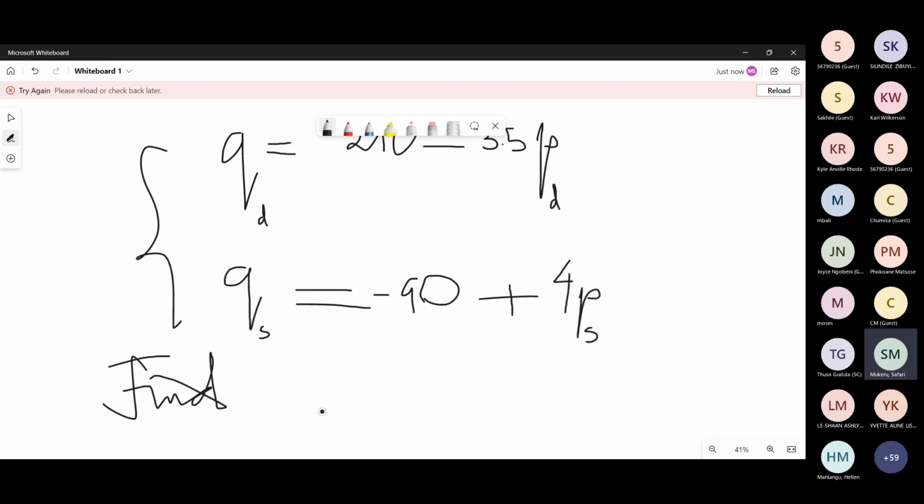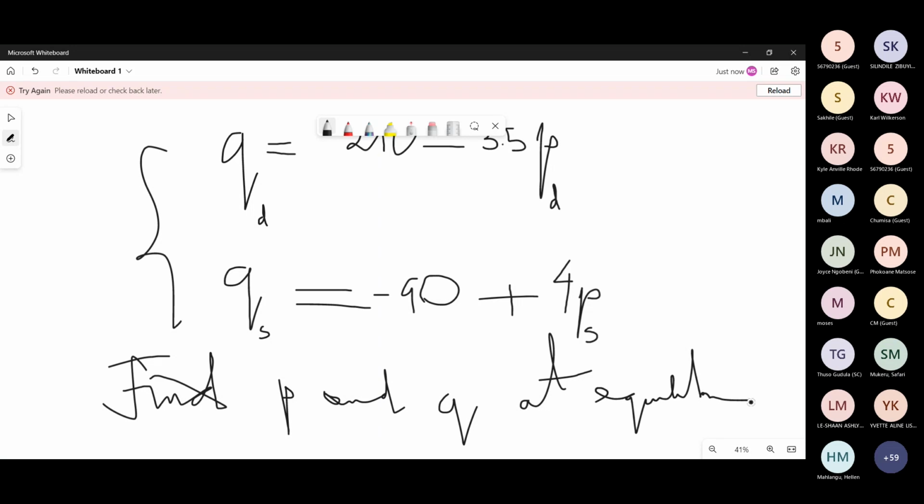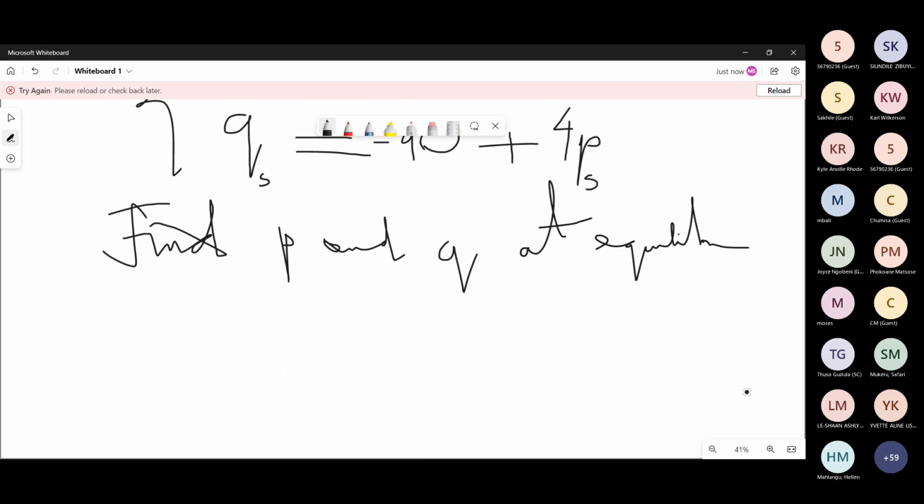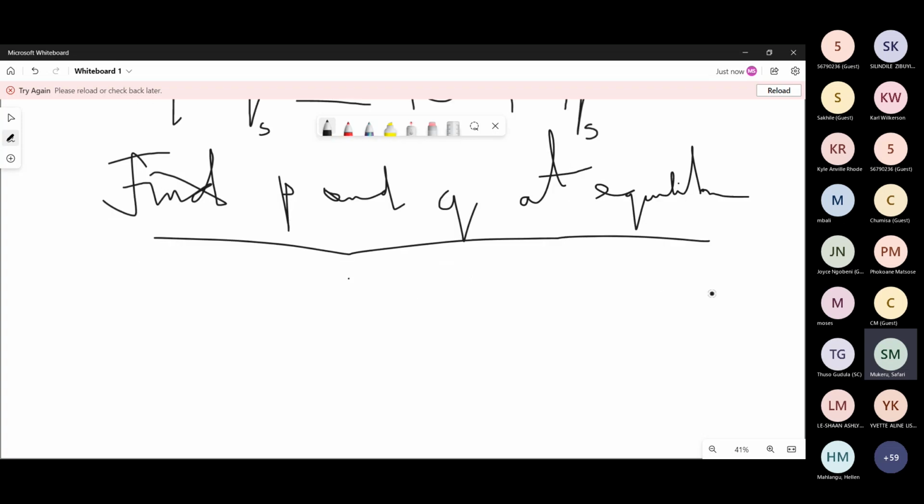At equilibrium, we have to find P and Q. What do we mean by equilibrium here?